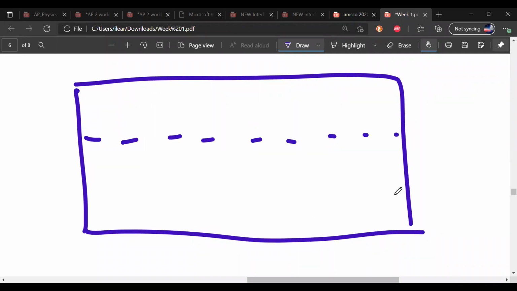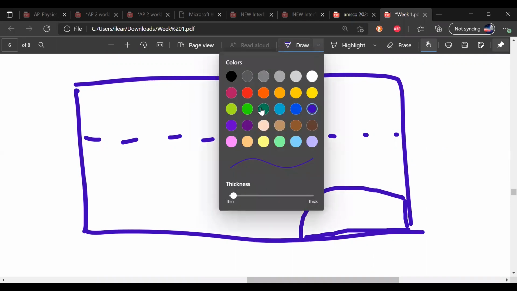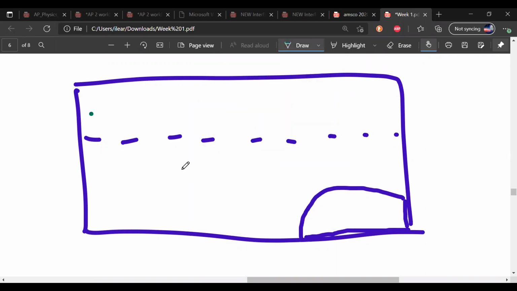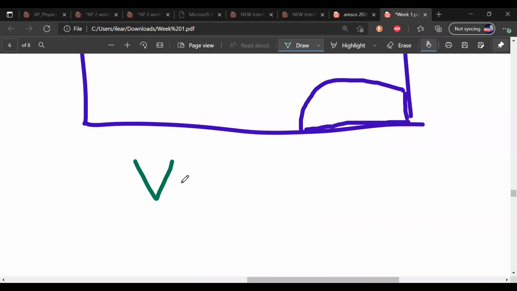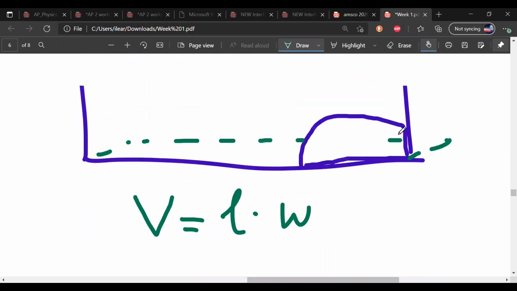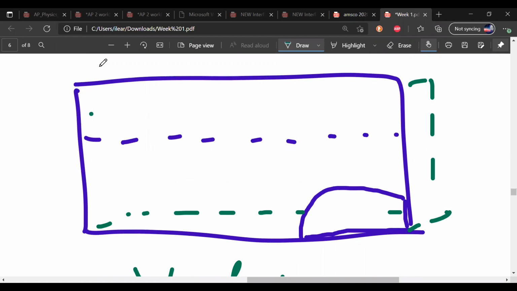However, we then place a large rock inside. So that basically means that this rock occupies some volume. What is the volume, you ask? Well, the volume of the rock, V, is equal to the length times the width of the base of the aquarium, since the aquarium is rectangular. It looks like that, and then of course the rest of the rectangular aquarium.